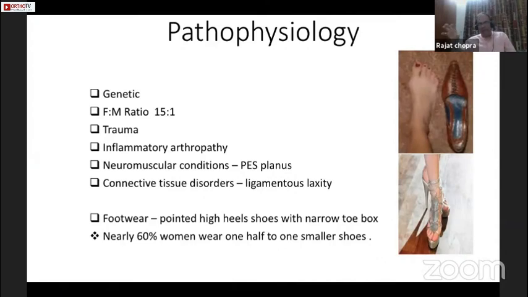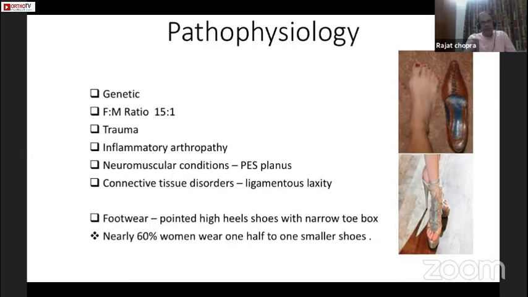Usually one side is more deformed and it is just the big toe. But if you start seeing the lesser toes also deformed, then you have to consider that it may be an inflammatory arthropathy. And if the opposite side is also similar, then you are dealing with inflammatory arthropathy rather than an idiopathic hallux valgus.